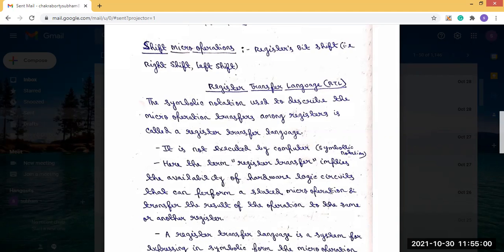For performing these micro operations, the availability of the hardware logic circuit we term as the register transfer. And a register transfer language is a system for expressing in symbolic form micro operations.